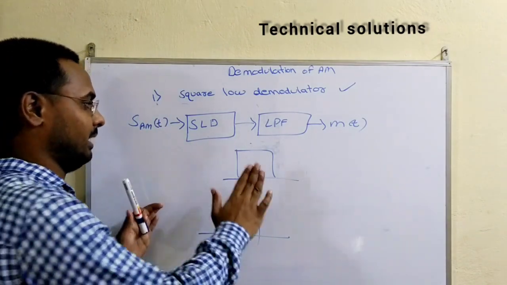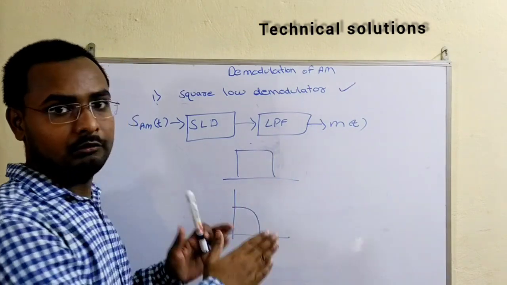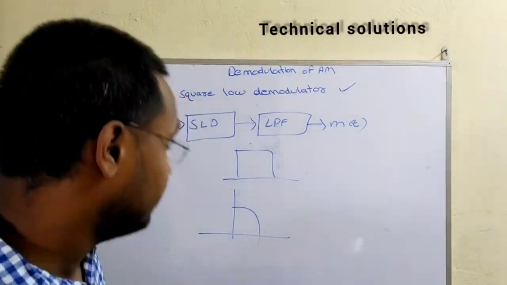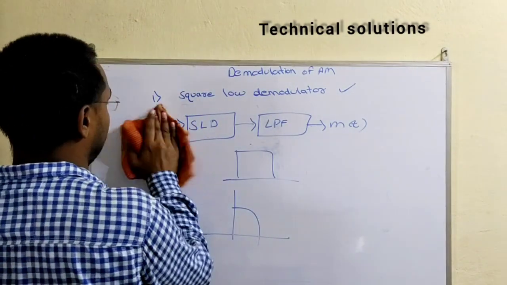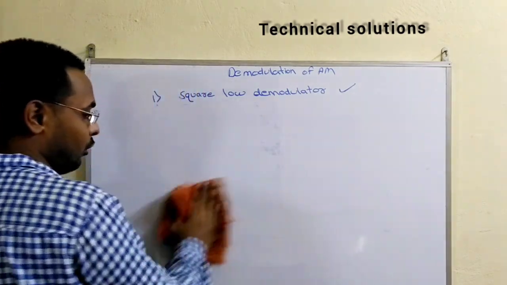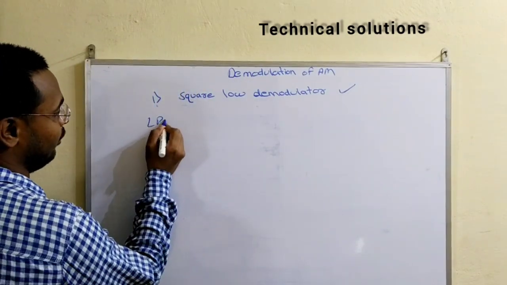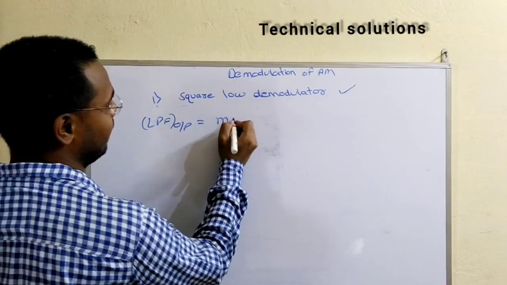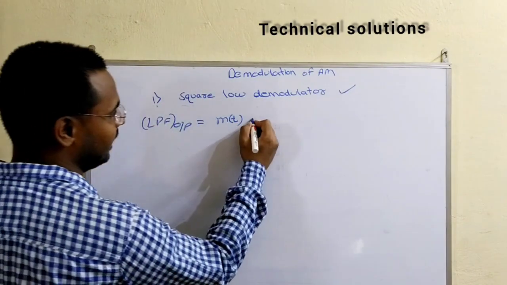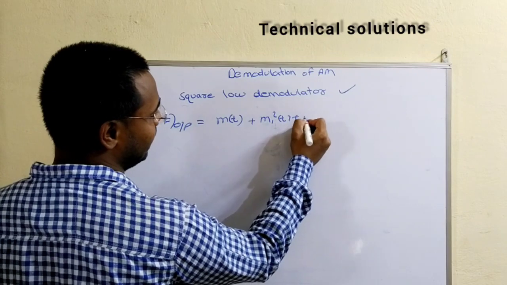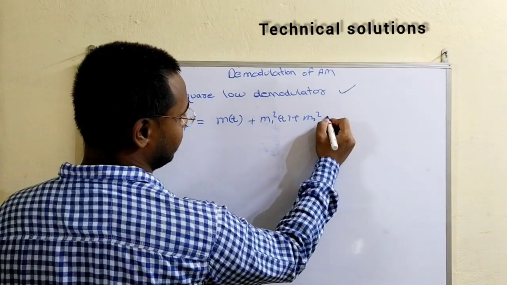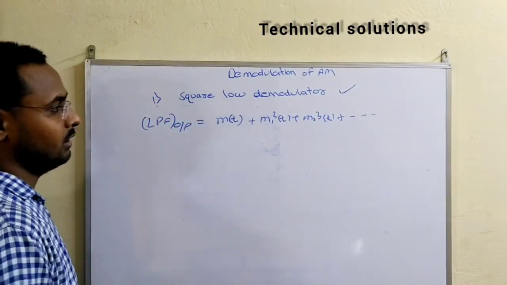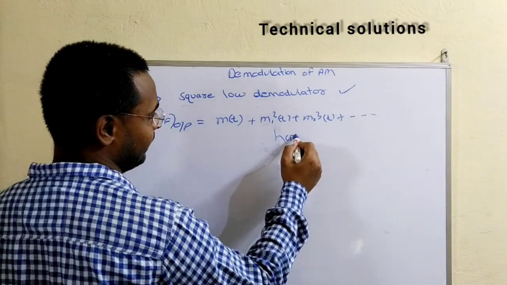All the expression and the derivation follow the same as we saw in the square law modulator device, right? And this is not very important because at our low pass filter output we want what? Mt, but here it gives Mt plus M1 square t plus M2 square cube t and so on, in which extra harmonics are added.